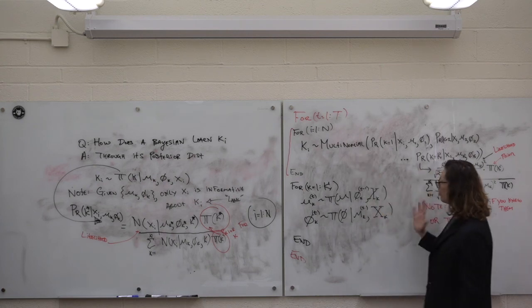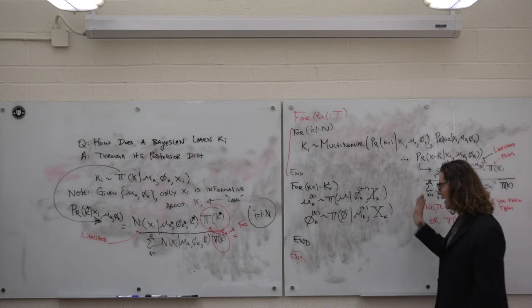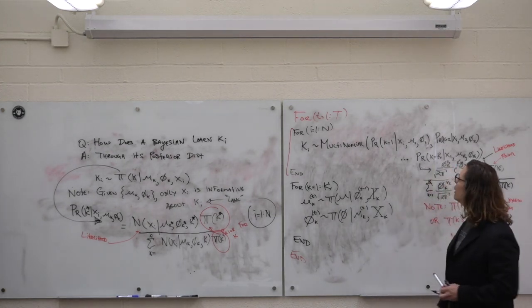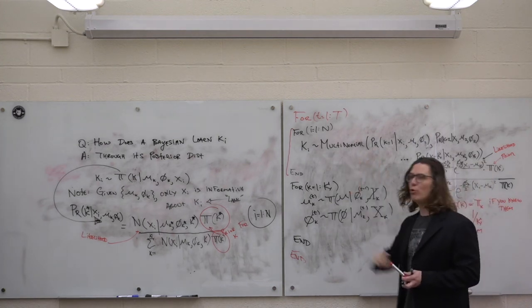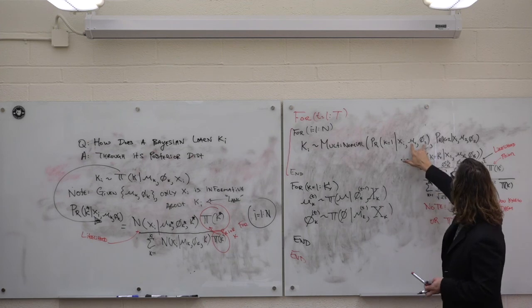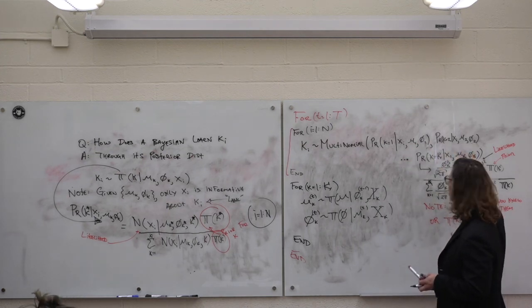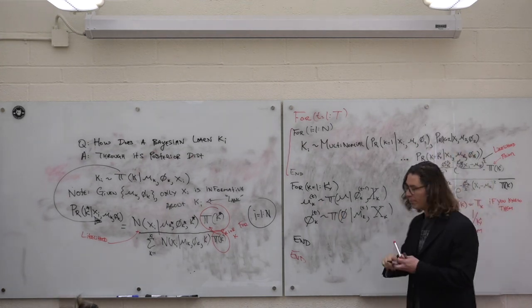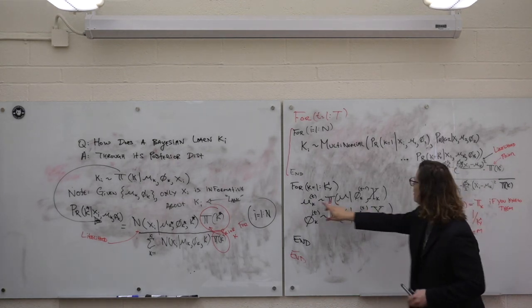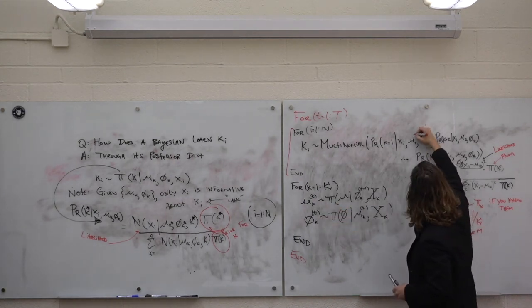Just remember, if we knew what the Kis were, we could run this algorithm. If we know what the mu's and the phis are, we could do this. Of course, we don't know what those are, and if I knew them, I wouldn't be trying to learn them. And so to complete this, I just need to condition on all of these parameters as well.